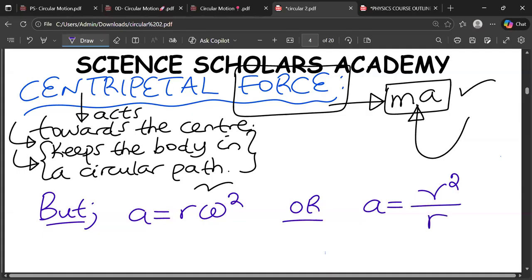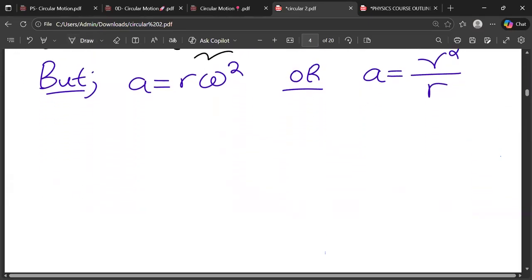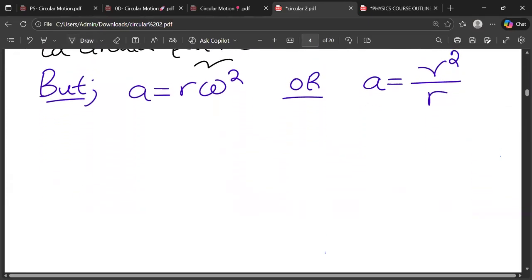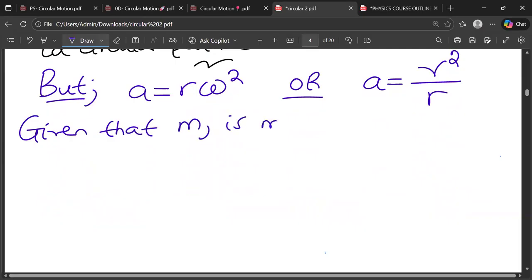I think now that is better. The v and r, you can distinguish them very well. Now, for force, it will be obvious. For any given mass of the body m, what does that imply?